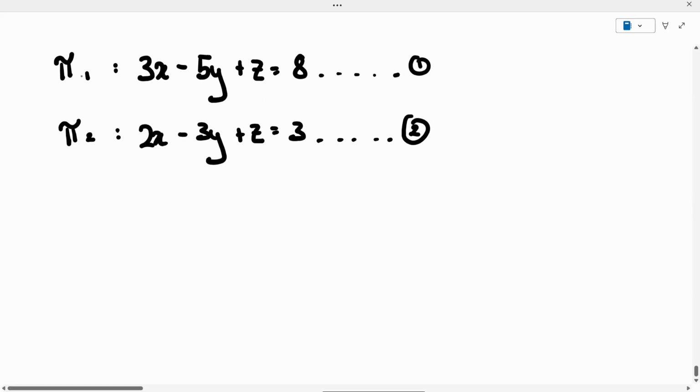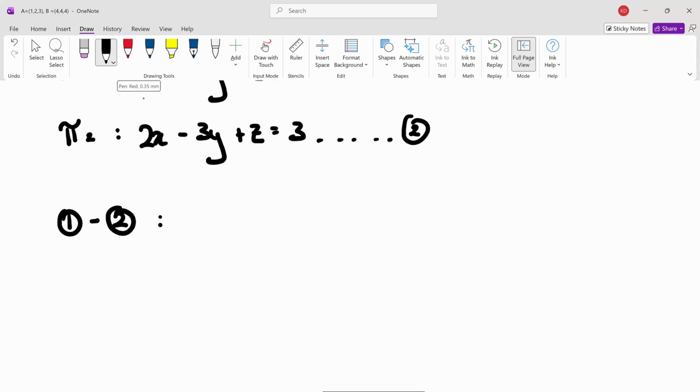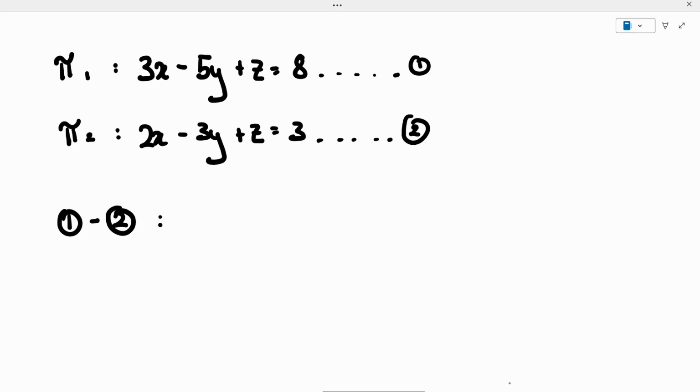So what we want to do, we want to try to do this kind of simultaneously, right? It's just when we solve it, we're not going to get a point, we're going to get a line equation. So if we subtract 2 from 1, we could get rid of z. And that'll be a little bit easier for us to work, right? So we subtract, so we have minus 2x plus 3y minus z minus 3, right?